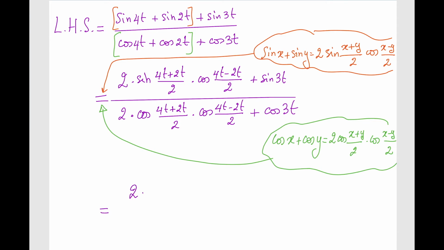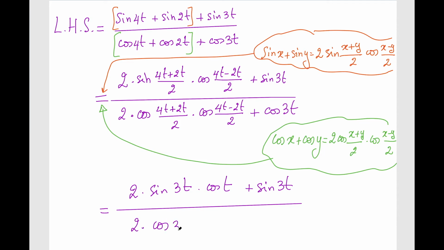So we get 2 times sine of 3t times cosine of t plus sine of 3t, divided by 2 times cosine of 3t times cosine of t plus cosine of 3t.